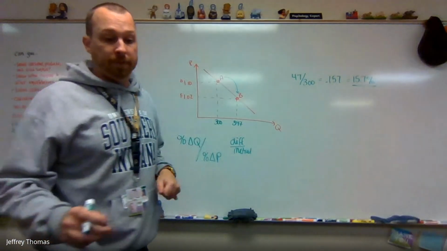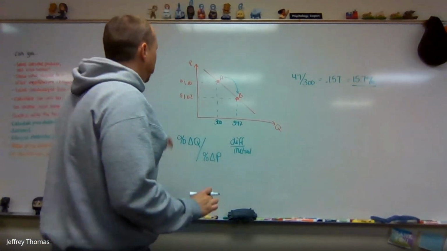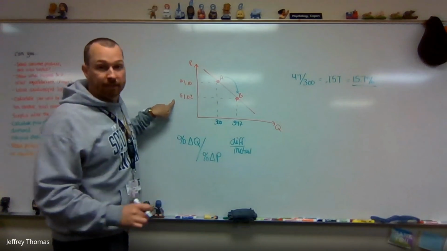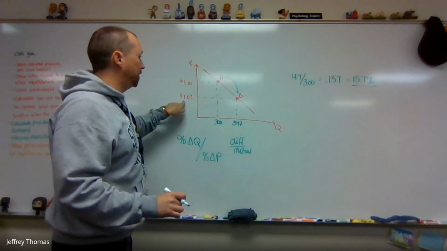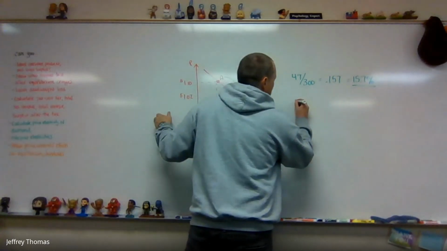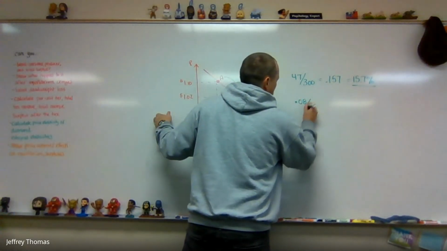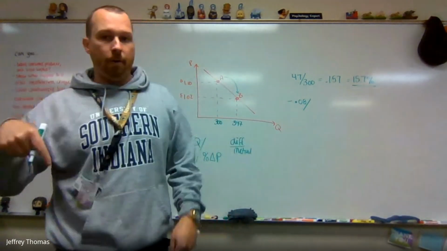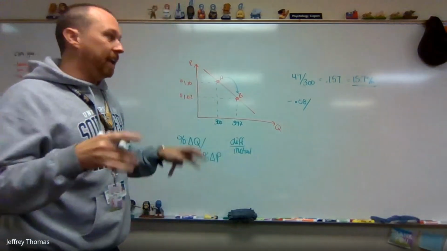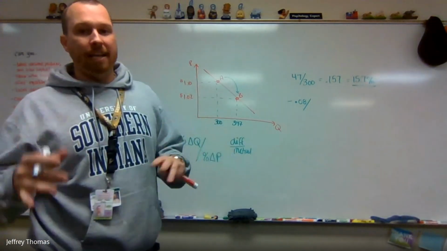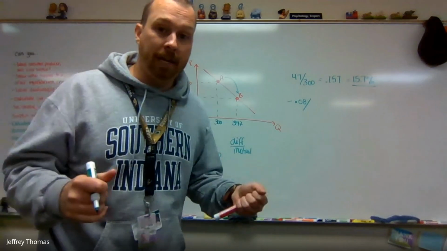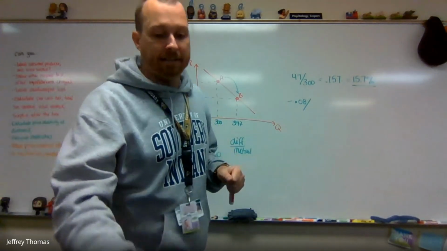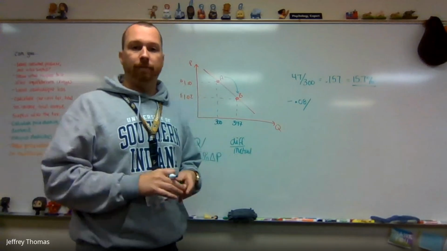Now we need to do our percent change in price. Price went down 8 cents from $1.10 to $1.02. So the difference is 8 cents, 0.08, and it's a negative because it went down. Okay, the negative doesn't really matter unless we're talking about cross price elasticity or income elasticity, because then it will tell us a little bit of extra information.